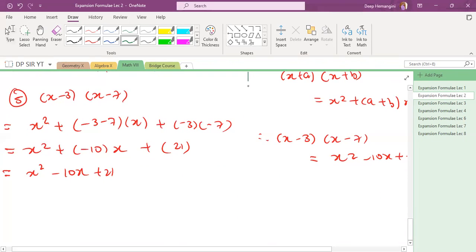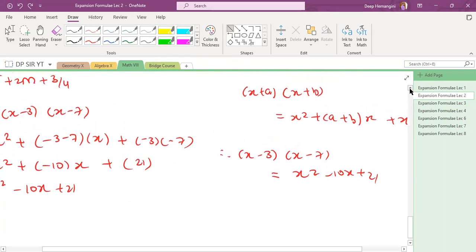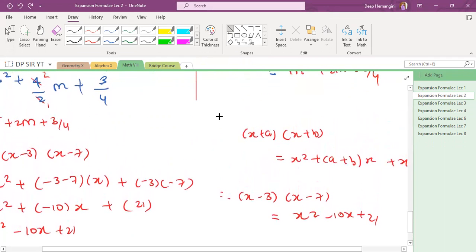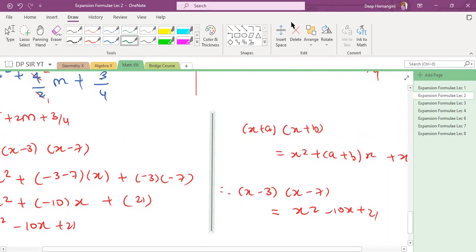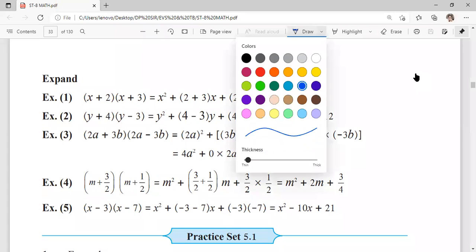Referring to the textbook is not a big deal, but half of the steps are not given and it's not up to the mark. So let me stop the recording, since we are done for the day. If you want to know where I found these questions and answers, I have taken this as your question.